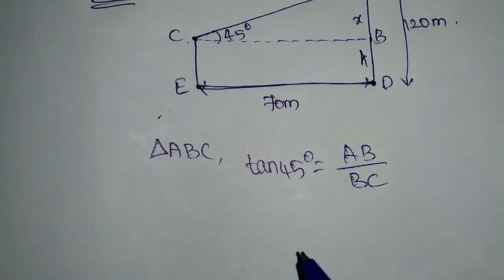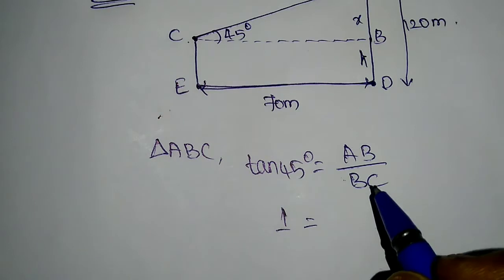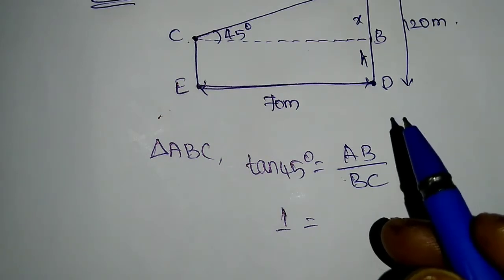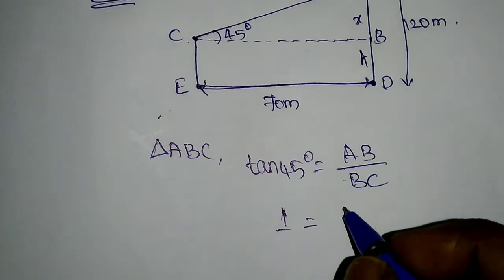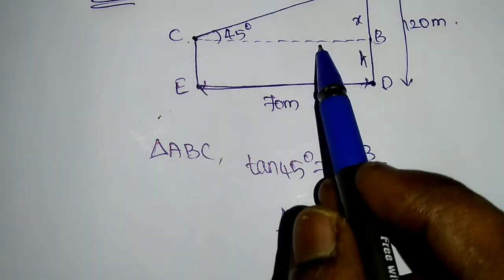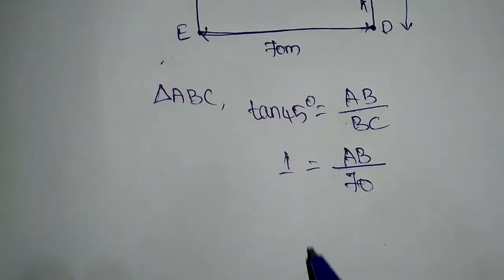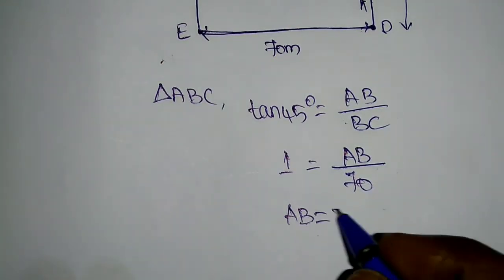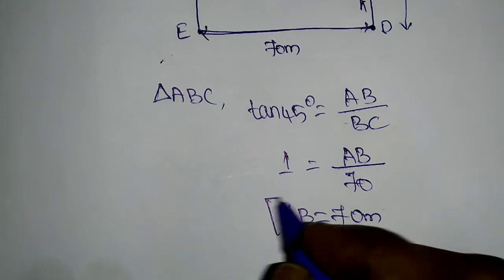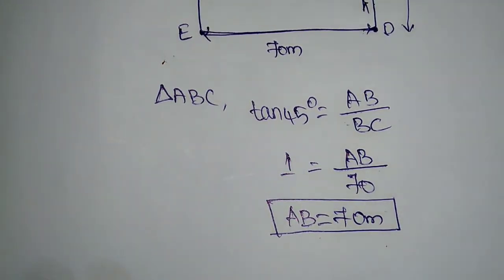Here tan 45 degree is 1, and ED is equal to BC, so here we get 70 meter. So AB is equal to 70 meter.